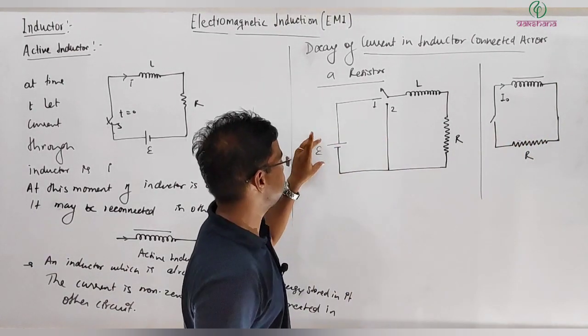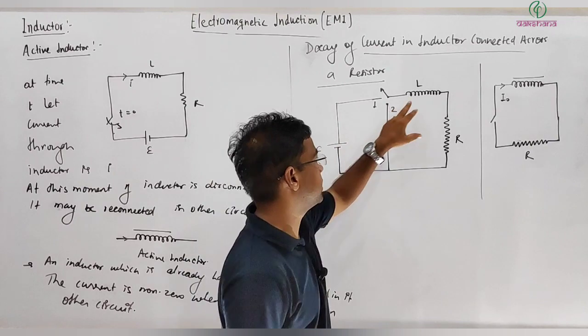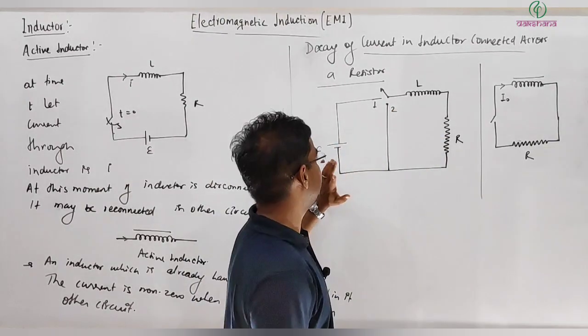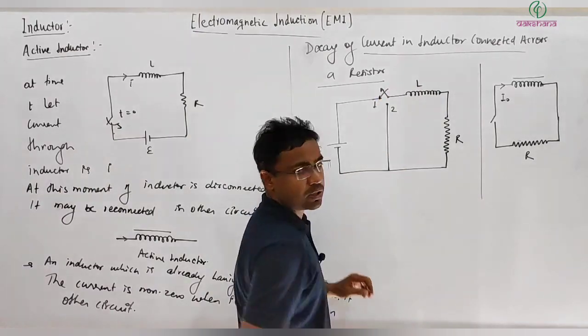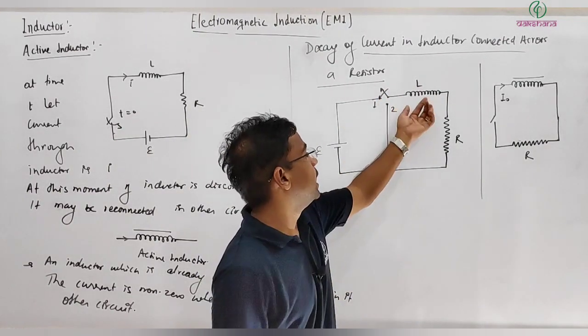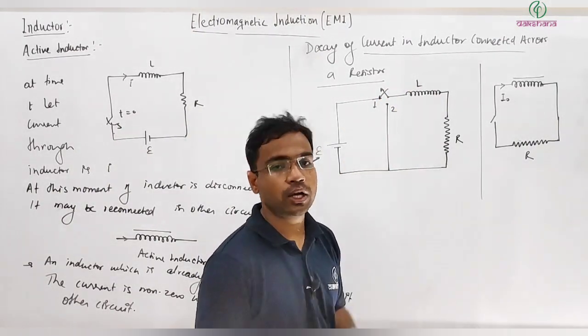Another case is, let's say here I am having one battery connected across the inductor and resistor. So now what I am doing is initially I am keeping switch 1 on. Is it? Now what will happen? Across this inductor current will grow. Is it?